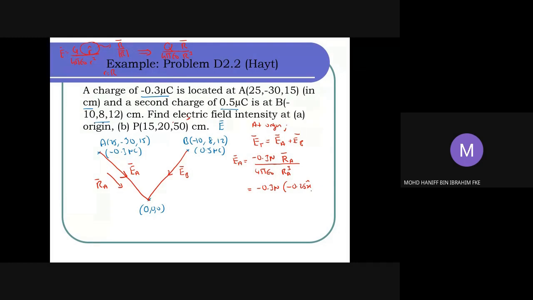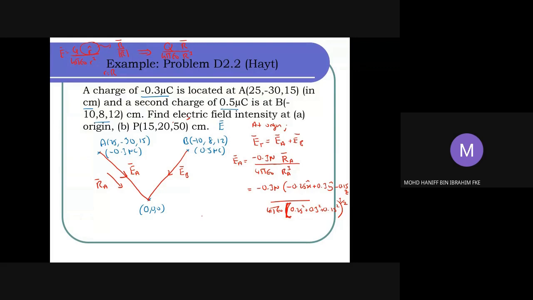So negative 0.25 of X plus 0.3 of Y and minus 0.15 of Z, divided by 4 pi epsilon naught, and the RA magnitude, which is 0.25 squared plus 0.3 squared plus 0.15 squared, to the power of 3 over 2. That should be your electric field A, produced by the charge at the point of A.